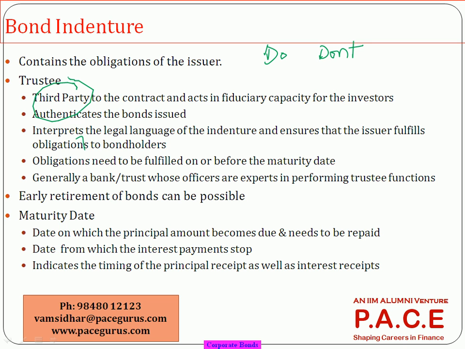Generally this role is performed by a bank or some kind of trust that has a lot of expertise in trustee functions. One more key aspect with respect to bonds is that earlier retirement is very much possible. Early retirement is calling back the bond before the maturity date itself. This is very much possible, but it has to be mentioned in the indenture.